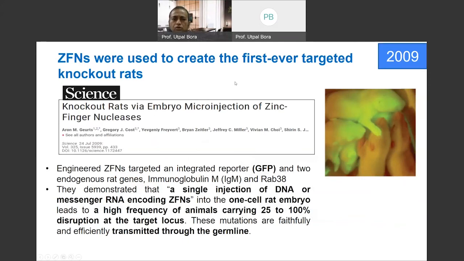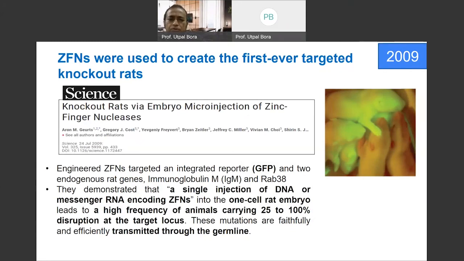Apart from that, Zinc-fingers were used to create the first ever targeted knockout rats. Why do you need knockouts? So that we can study different pathways. You knock out a particular relay of the pathway and you see what kind of perturbation happens.